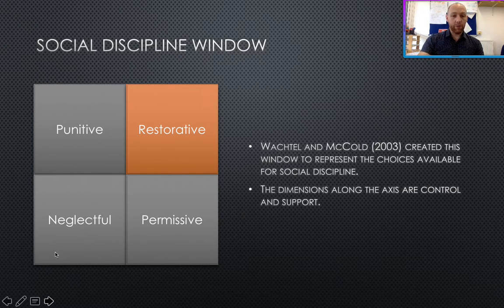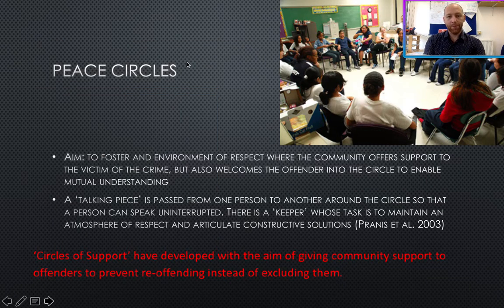We have a neglectful response where the offender is ignored, a permissive one in which the offender is tacitly supported, and then a restorative, and that's one that we always want. The dimensions along the axes are control and support, so we get full control and full support in the restorative window. Here we have control but no support, and then obviously low control and lack of support.